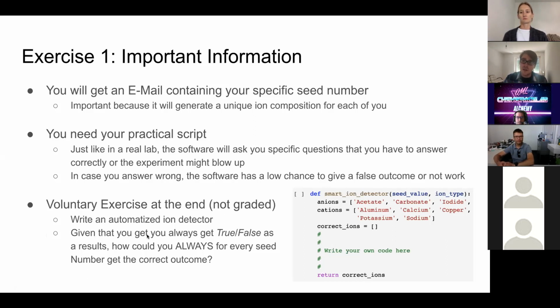It just gives you true or false as an output, and your task is to write some code that always gives you the correct answer for whatever random composition I give you. It's maybe 3 or 4 lines of code, and I think you would all benefit greatly from trying a little bit to solve this problem.